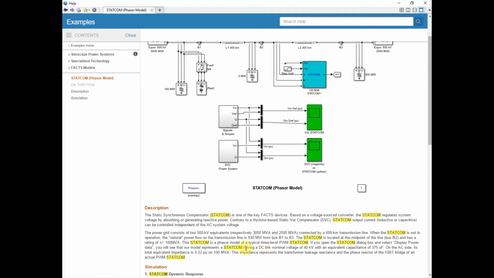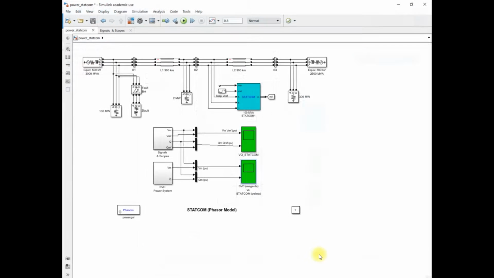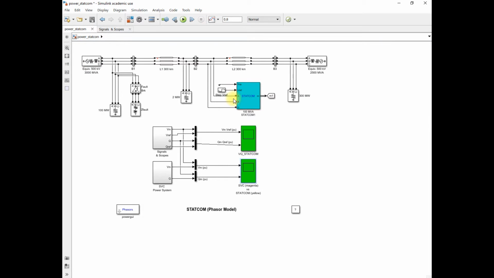So let's see the parameters which are available in this STATCOM. If you click on open model, you find the MATLAB model of this STATCOM phasor model, and double click on this STATCOM.